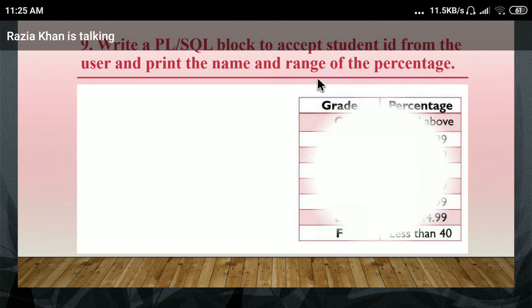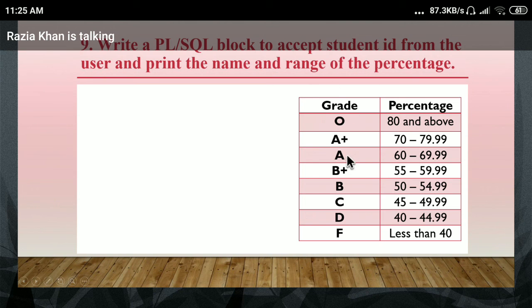This is your grade, and if that user's grade is O, then you have to print this range, 80 and above. For example, Sam's grade is O, so you just print Sam and the range of the percentage. Is everyone clear on this question?